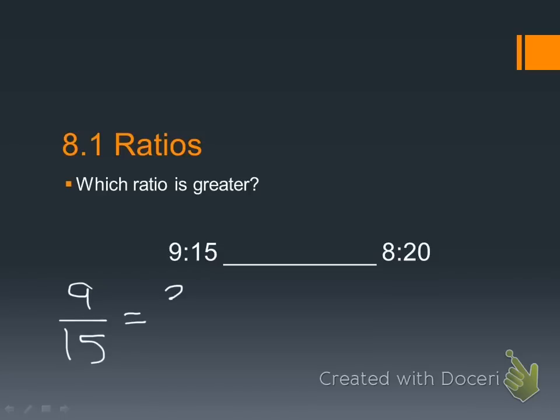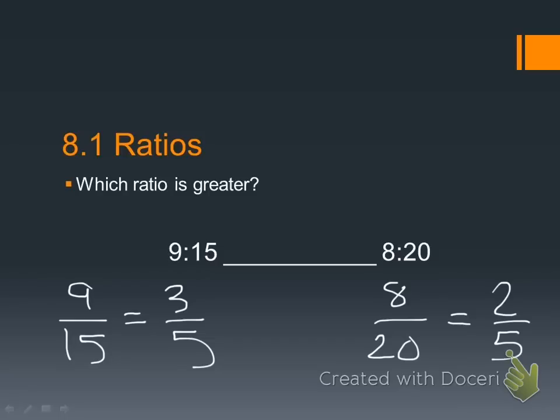So this reduced is going to be 3/5, and 8/20 reduced, actually this will work out, equals 2/5. So since they have a common denominator, 3/5 and 2/5, I don't need to worry about converting to a decimal. I can just compare them as they are, and 3/5 is clearly bigger than 2/5.